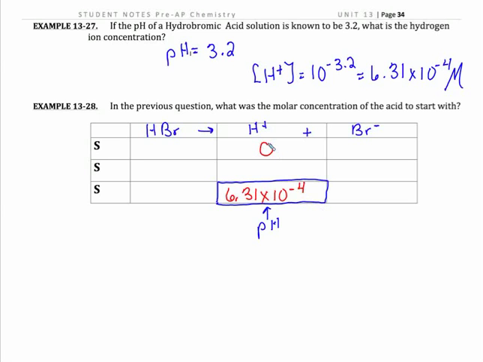Now remember, we started with 0 of each of these, and we end our acid with 0. So this must have been plus 1 over 1 times 6.31 times 10 to the minus 4th. So to go in this direction, we still just multiply by the mole ratio.